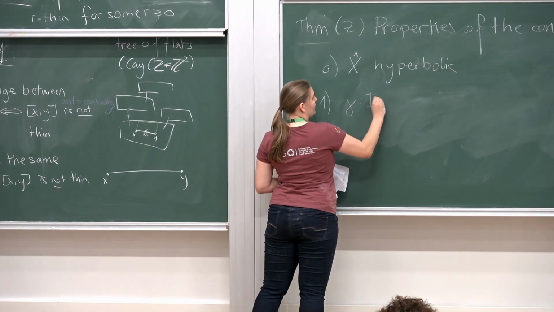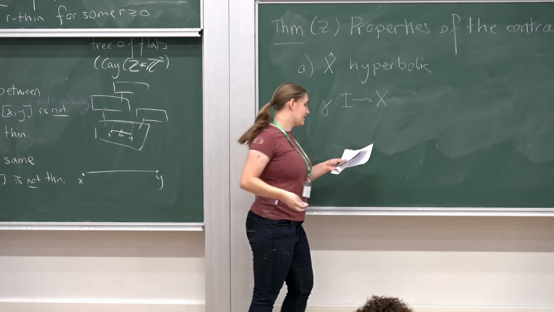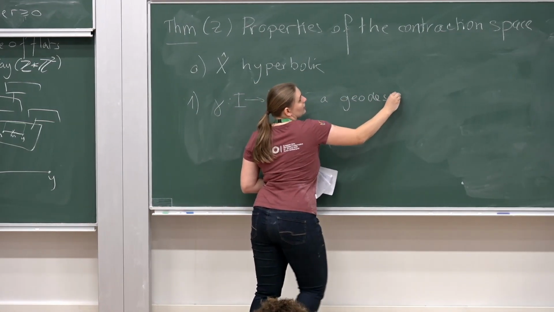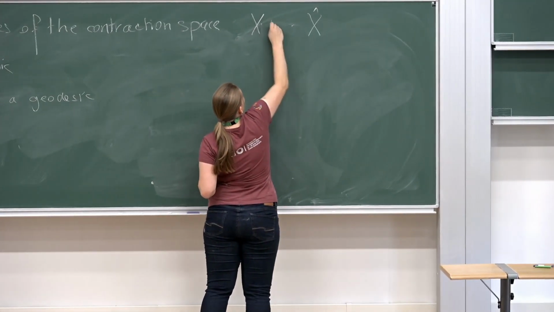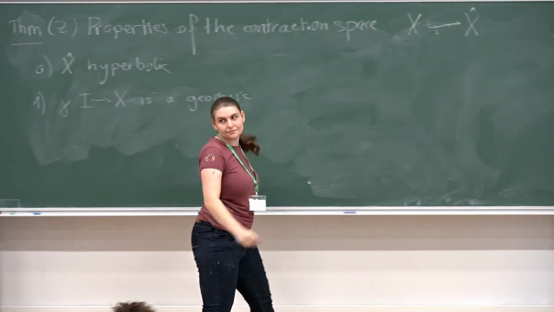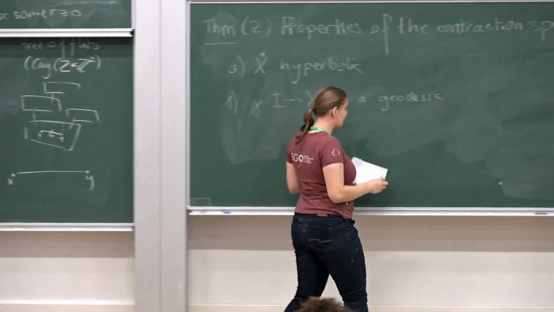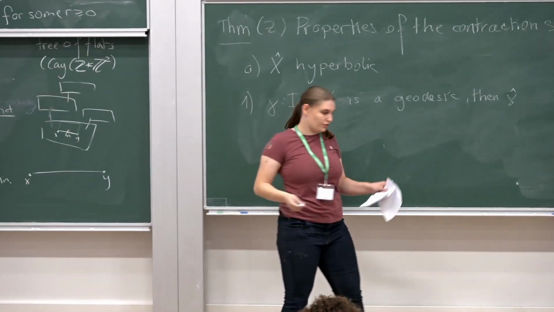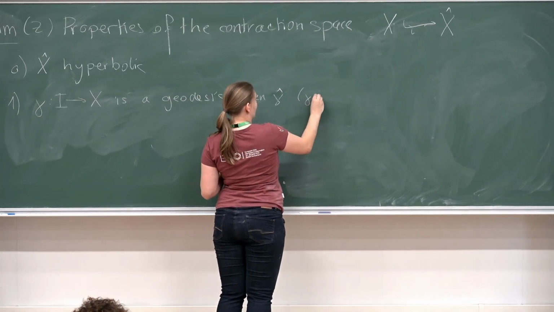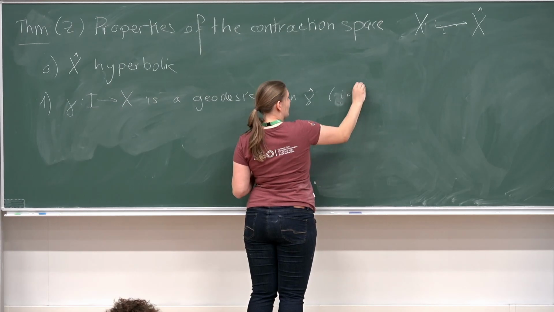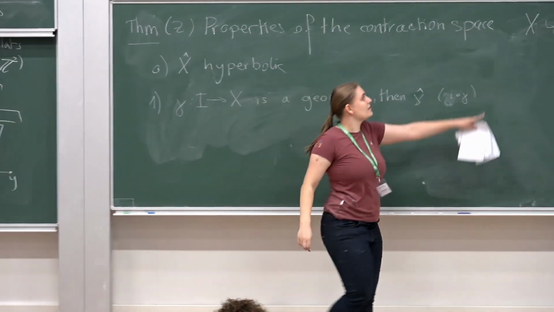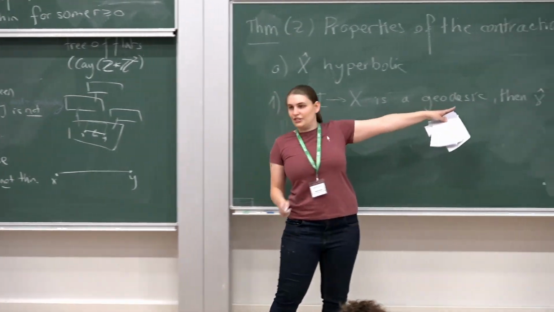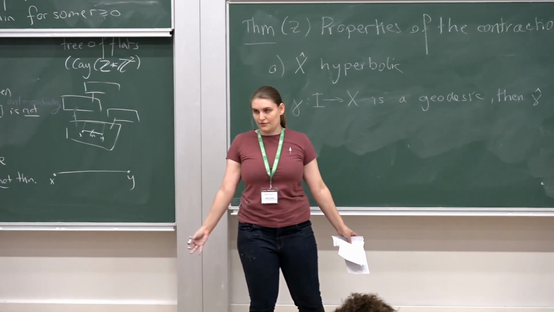If we have a geodesic gamma in X, then if we look at its image in X hat, more specifically, gamma concatenated with this natural inclusion that we have here, then this is, well, not a geodesic anymore, but at bounded Hausdorff distance from a geodesic.